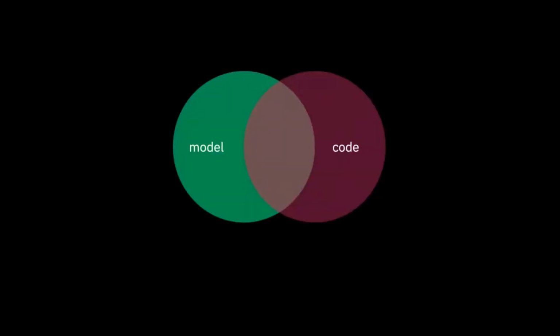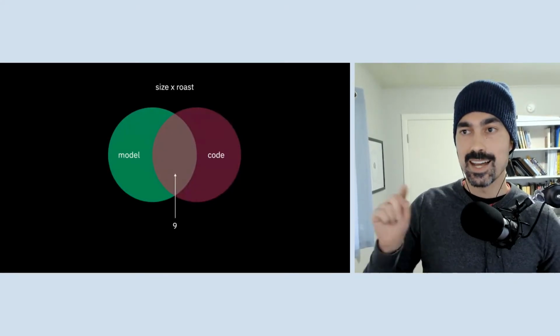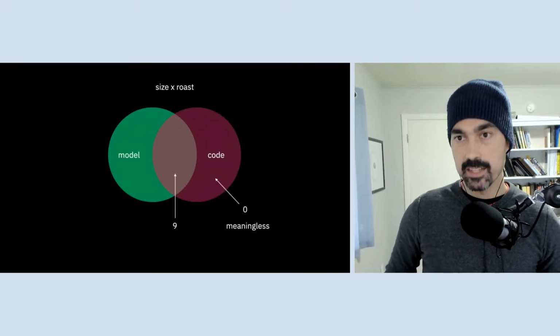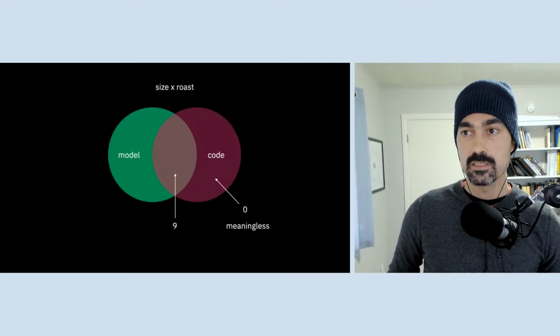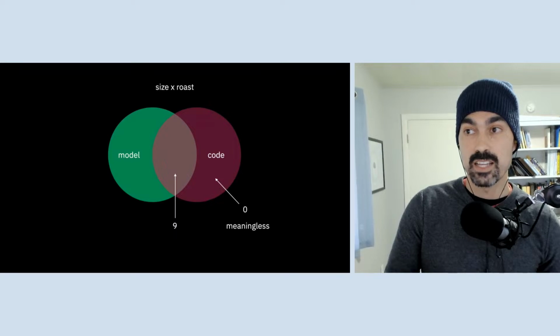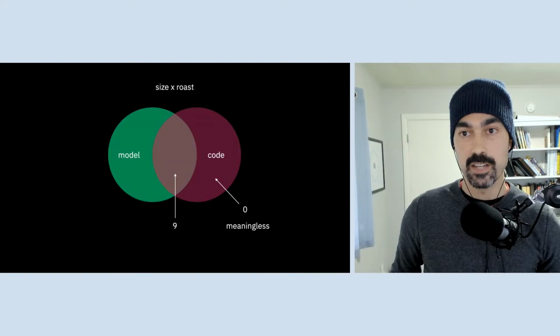So we have our model in green and our code in red. Looking at size and roast, we have 9 things that are both in the model and the code, and 0 things that are just in code. In theory, you could have things that you can write that are valid in your type but don't correspond to anything in your head.